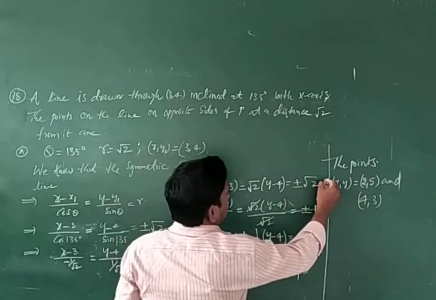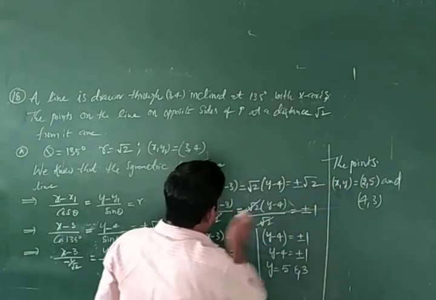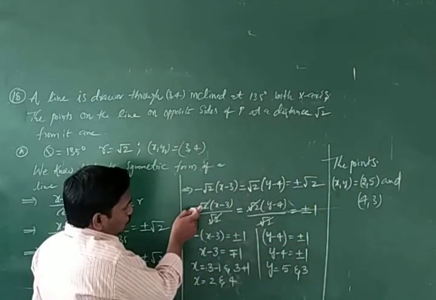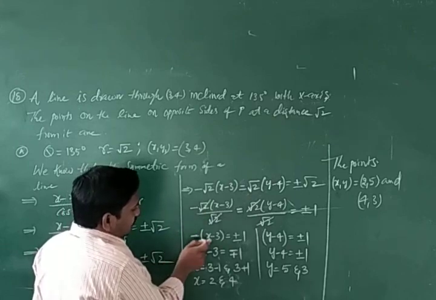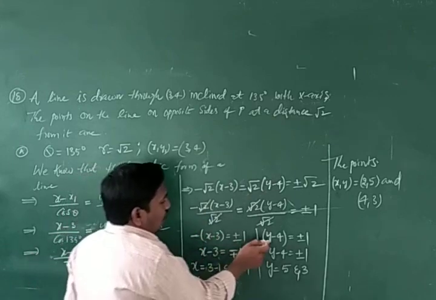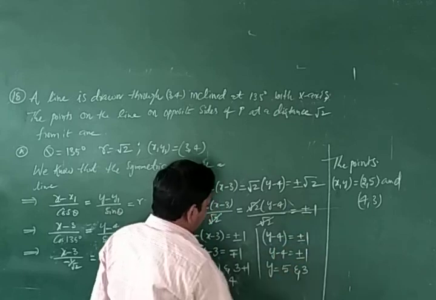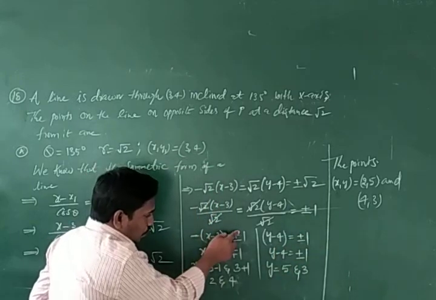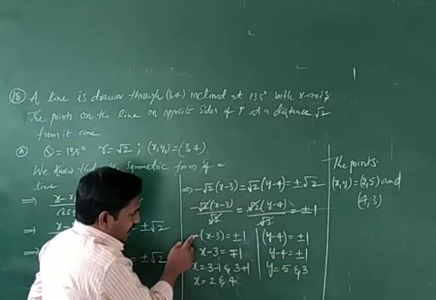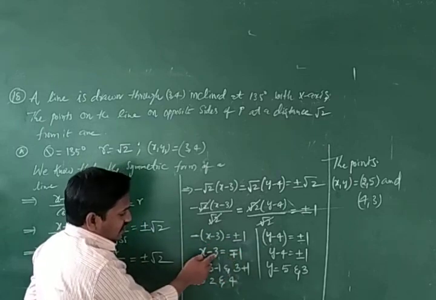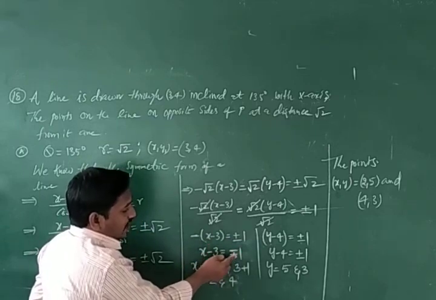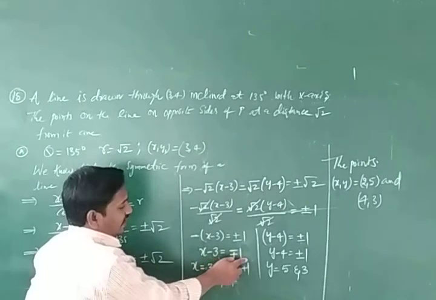Okay, by the transposition it becomes numerator. Root 2, root 2 both are cancelled. Minus (x minus 3) equal to plus or minus 1. (y minus 4) equal to plus or minus 1. Here minus into plus is minus, minus into minus is plus, that's why x minus 3 equal to minus or plus 1.